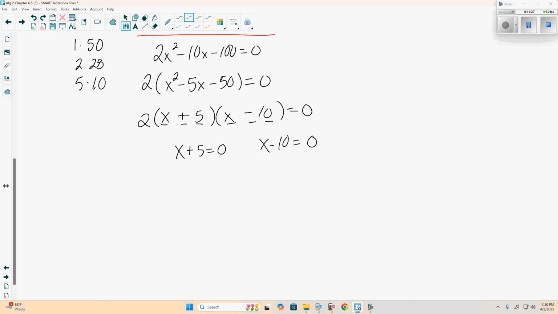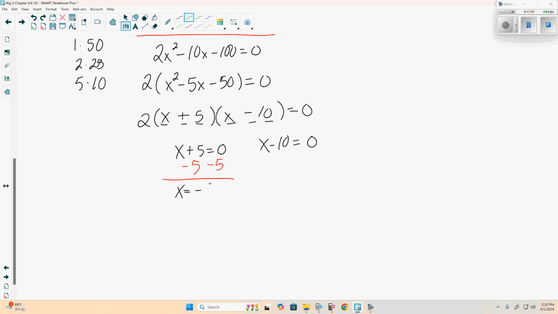Because again, the graphing calculator told us it was positive 10 and negative 5. Well, there's a reason we put x with the negative, 5 with the positive. Because what minus 10 gives us 0? Well, positive 10 minus 10 is 0. What added to 5 gives us 0? Well, negative 5. Because for x plus 5, we'd minus 5.